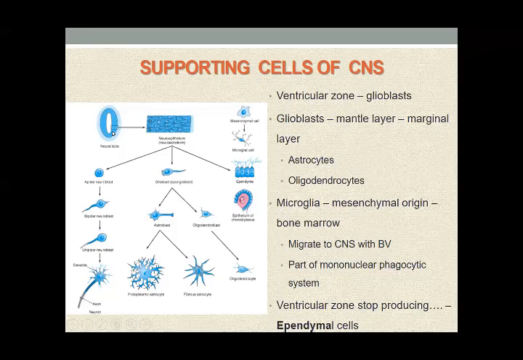Ependymal cells line the ventricles of the brain and central canal of spinal cord. ये चीज क्लियर हुई?